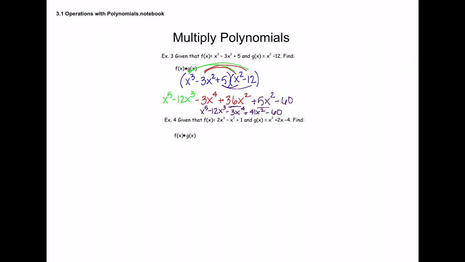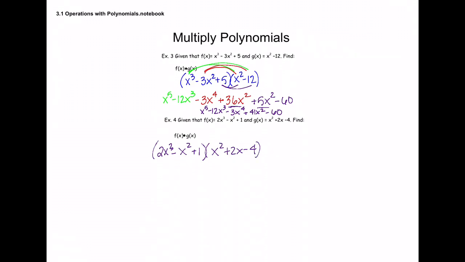When we look at example 4, we are going to multiply f of x times g of x again. So if we write out our f of x, 2x to the 3rd power minus x squared plus 1, we're going to multiply that by x squared plus 2x minus 4.